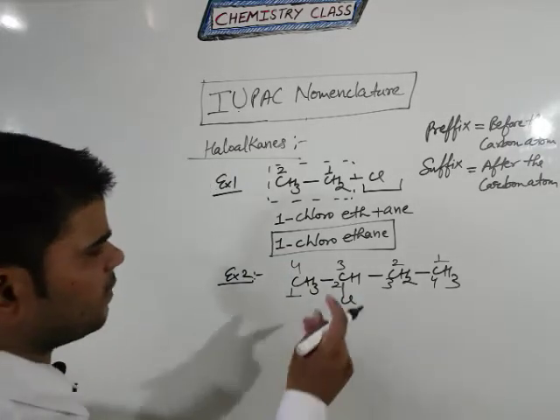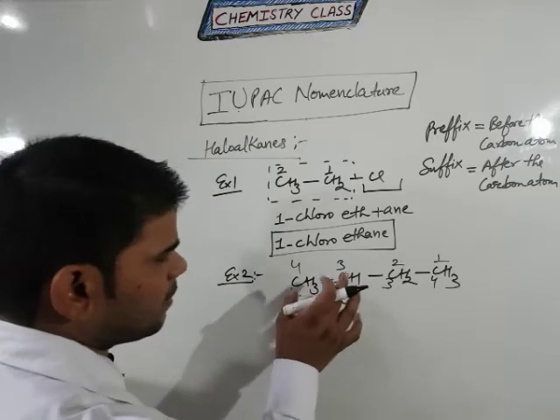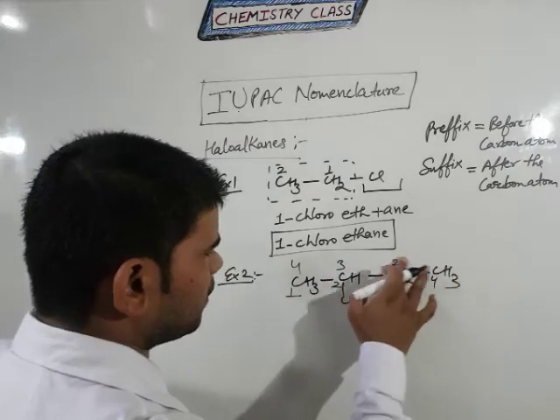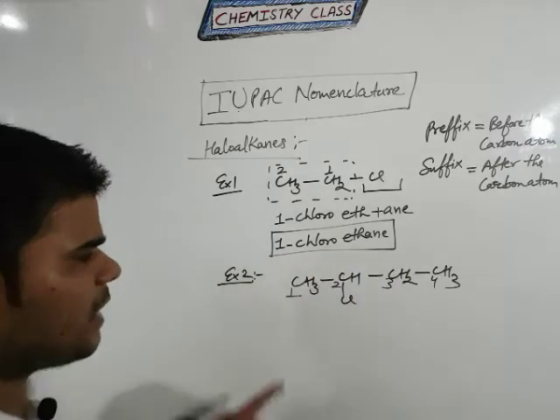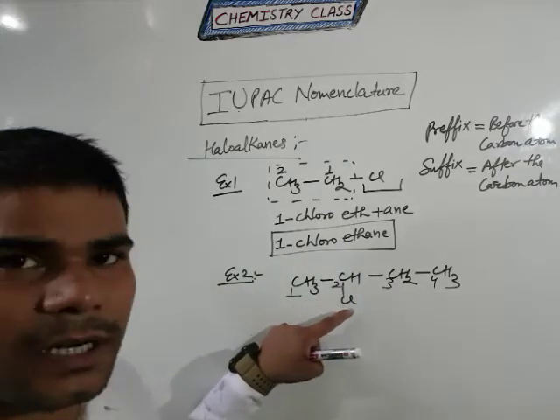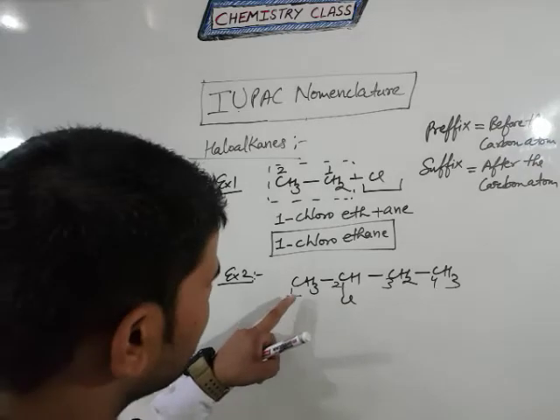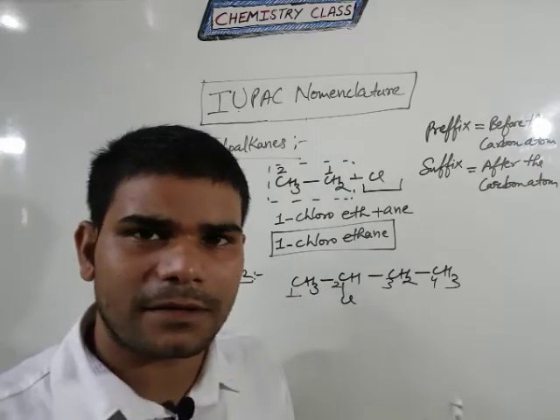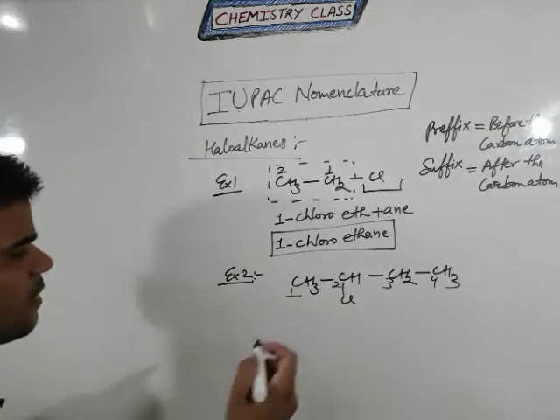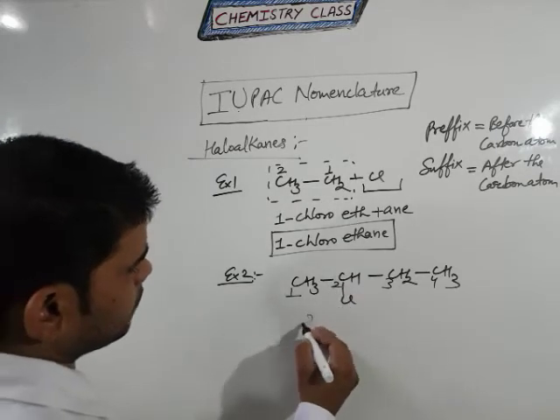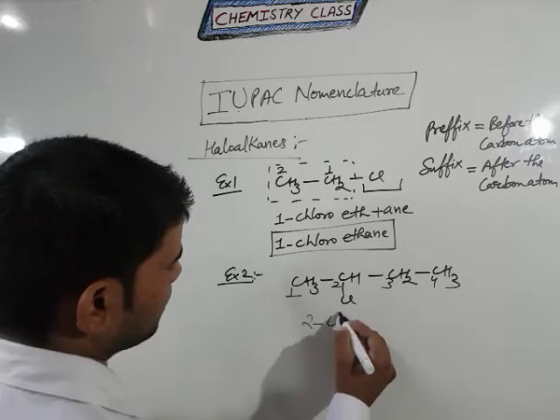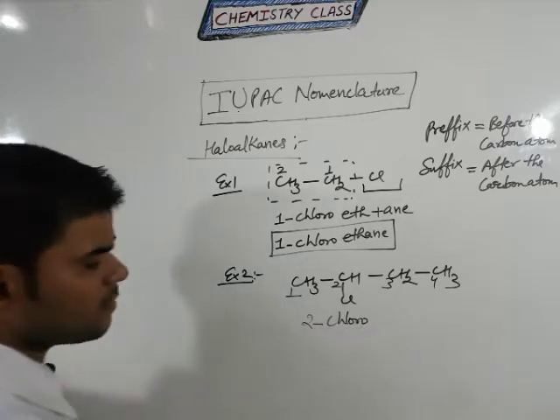So you prefer this counting and not that counting, because this counting gives the chlorine atom the lower number. Clear? In this case, the 2 position has the Cl, that means 2-, and the Cl prefix is chloro.